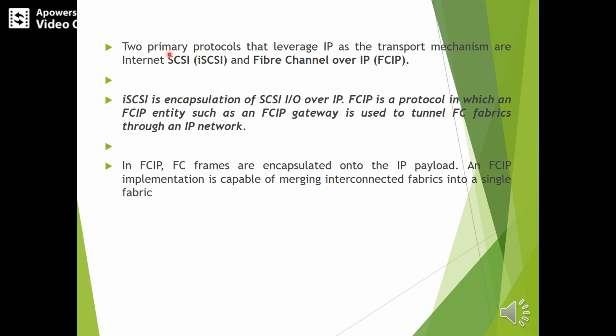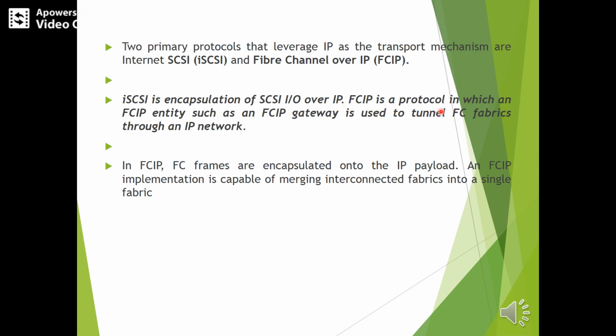We can consider two primary protocols: Internet SCSI (iSCSI) as well as Fibre Channel over IP, that is FCIP. iSCSI is encapsulation of SCSI over IP.